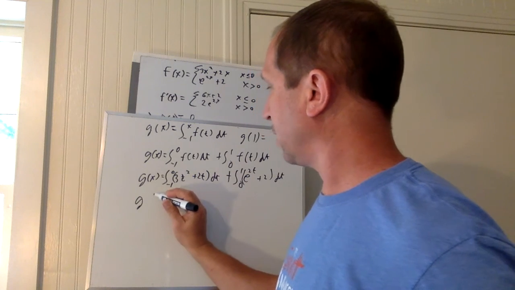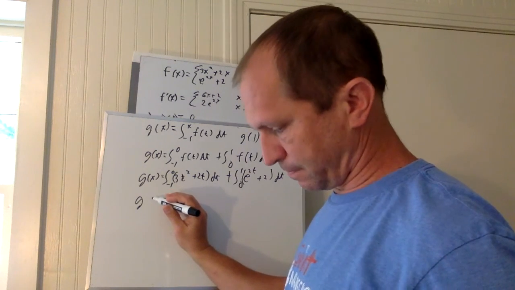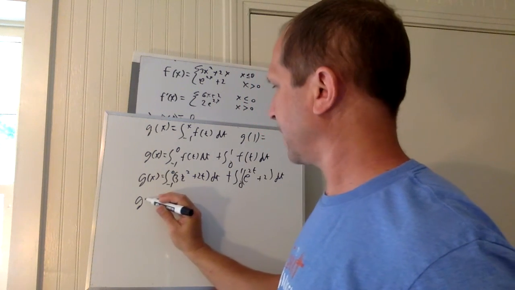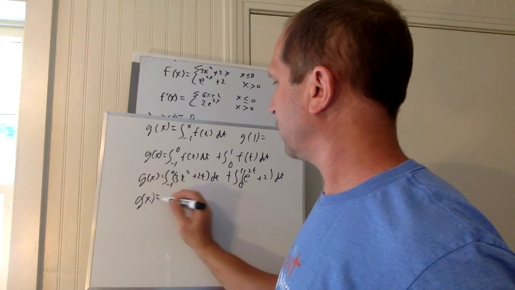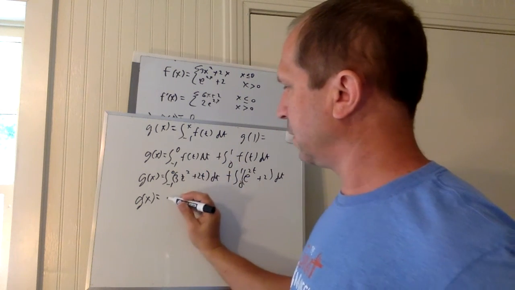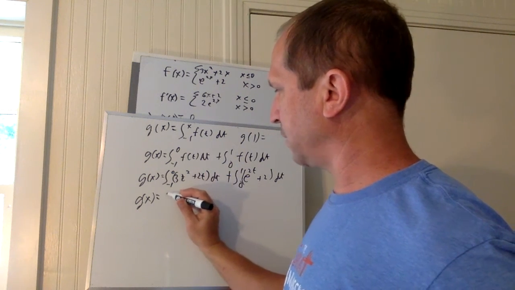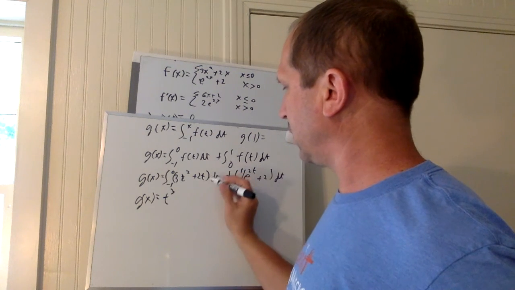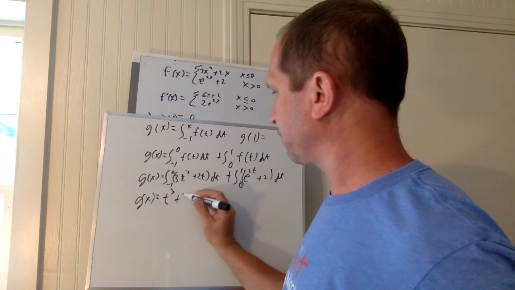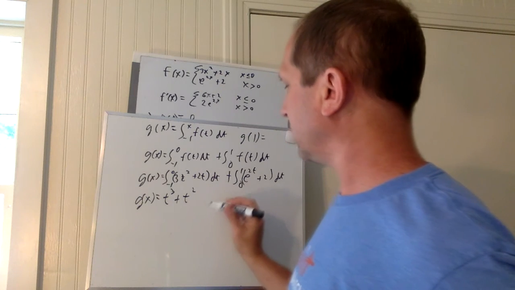So g of x equals, all right, this would be 3t cubed over 3, so it would be t cubed, 2t squared over 2, which is just going to be t squared.